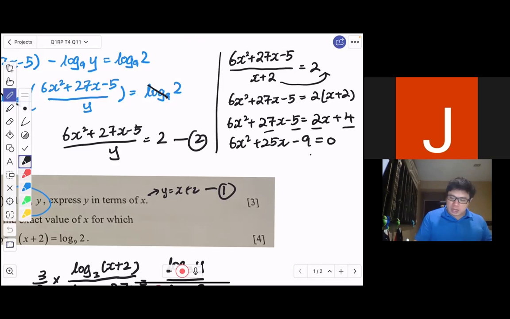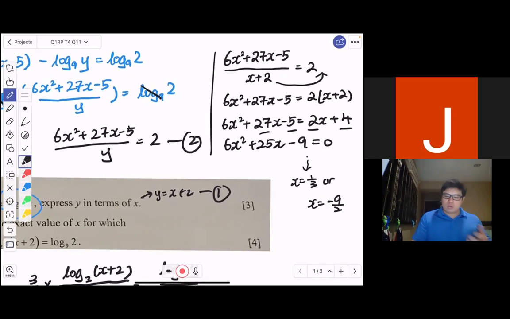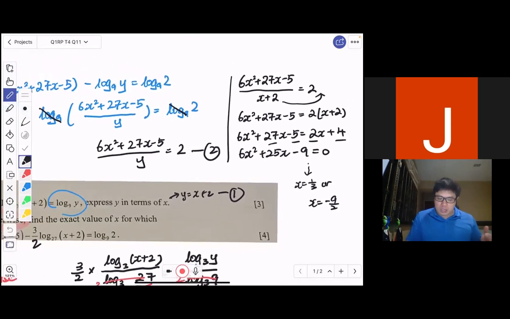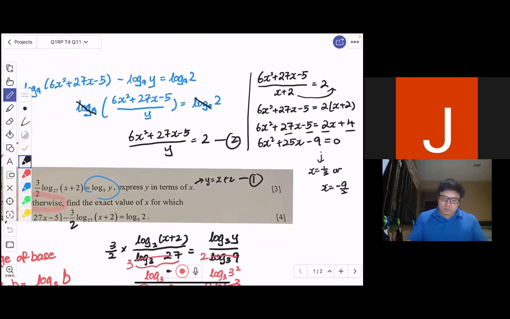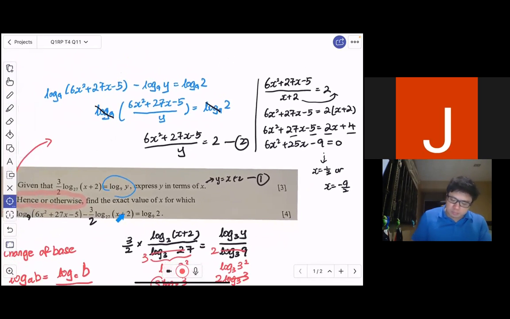Now, once you solve this, I think you will be able to get x equals 1/3 or x equals -9/2. For -9/2, you have to check, and you likely need to reject. The reason is that if you look at this equation here and put x as -9/2, this is going to fail. You cannot take the log of a negative number.